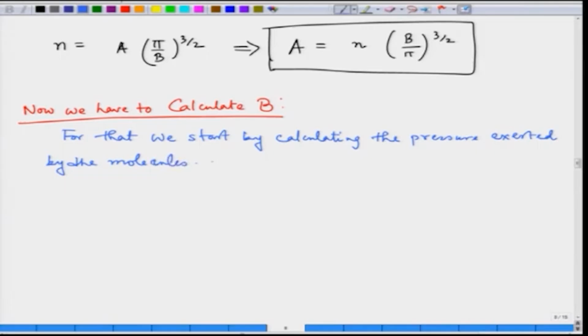How calculating the pressure could give us the value of b, you will just see.